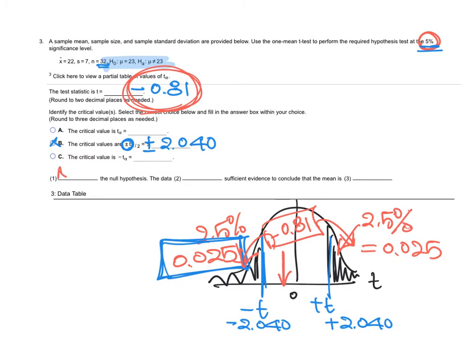So we do not reject the null hypothesis. And now we make the conclusion for the alternative hypothesis, which said the mean is not equal to 23.